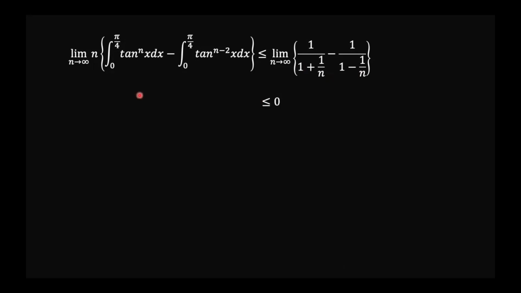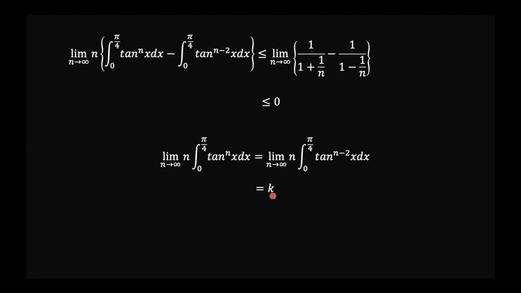So what this really means is that the limit of n times the integral of tan to the power n of x dx from 0 to pi over 4 is equal to the limit as n tends to infinity of n times the integral of tan to the power n minus 2 of x from 0 to pi over 4, which is equal to k.